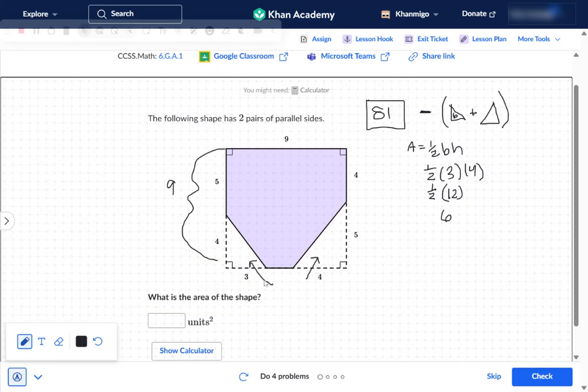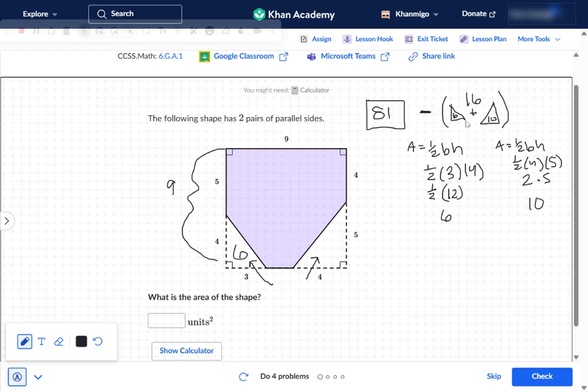So this is 6 for the smaller triangle here. And this bigger triangle, same formula, 1/2 base times height. The base is 4, so 1/2 of 4 times the height, 5. 1/2 of 4 is just 2, so 2 times 5 is 10.